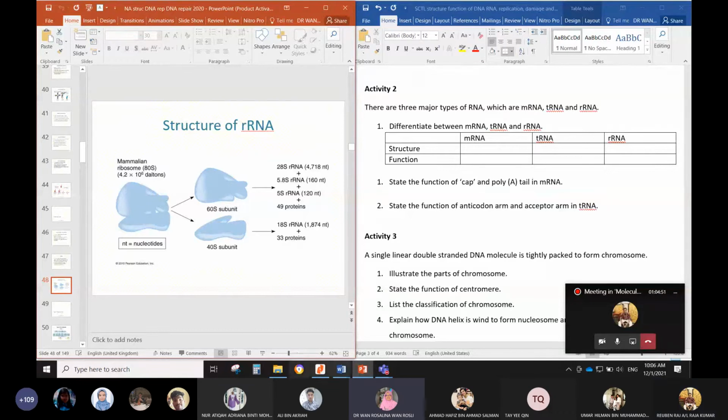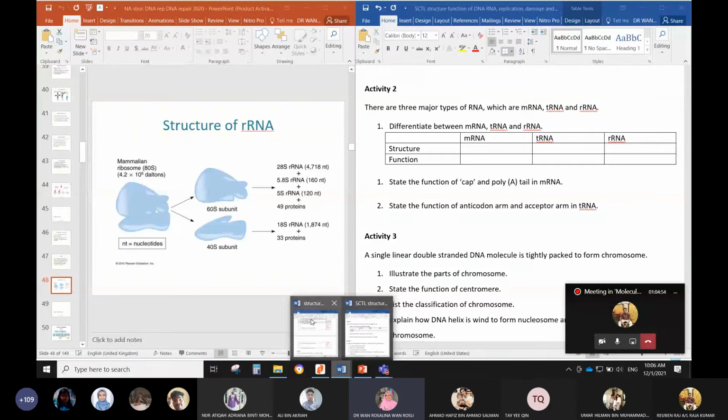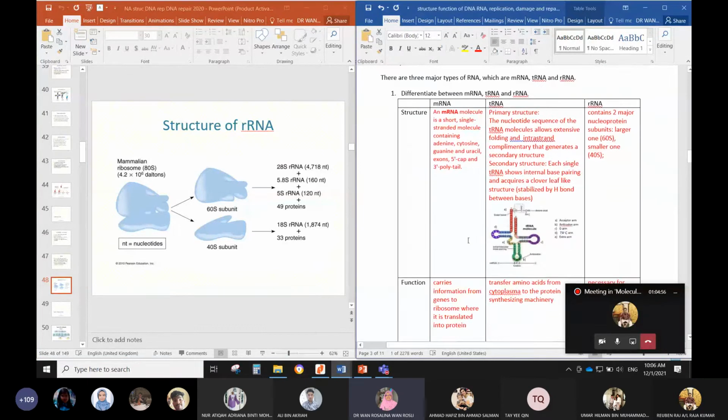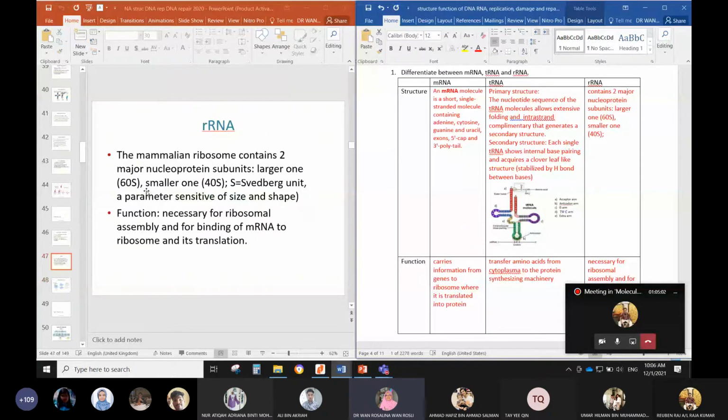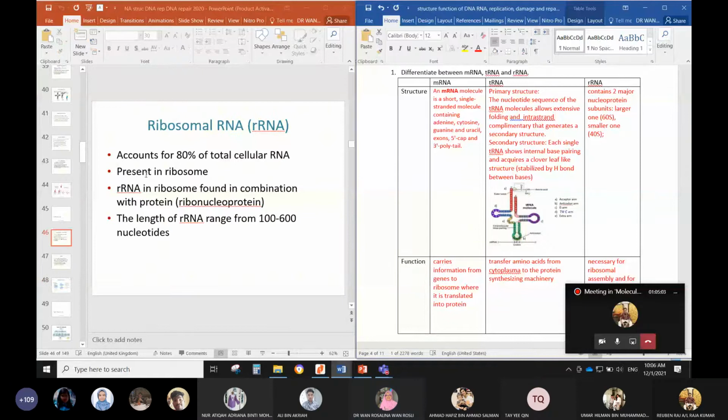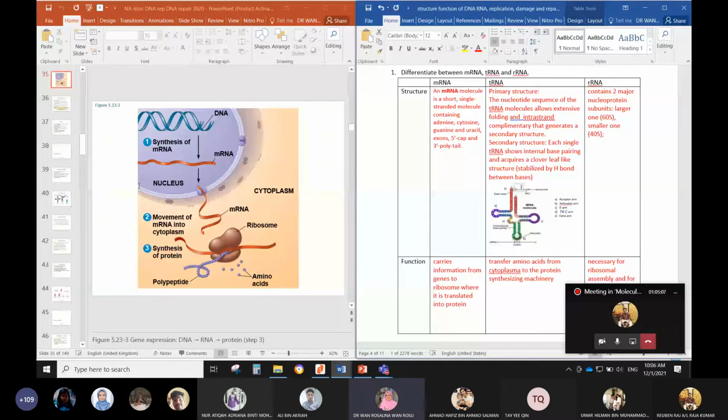So we're going to go through the answer. mRNA is a single-stranded molecule that has a cap and a poly A tail, and it carries information from the gene to the ribosome.